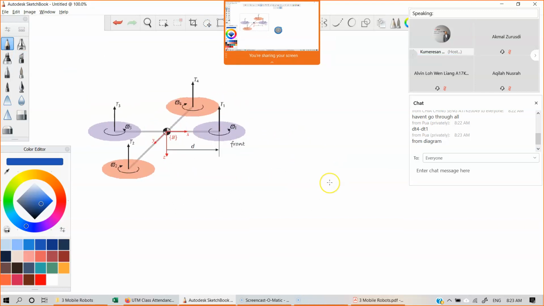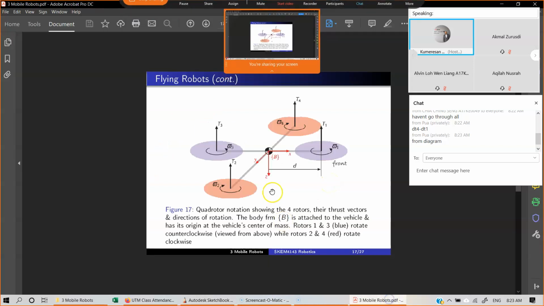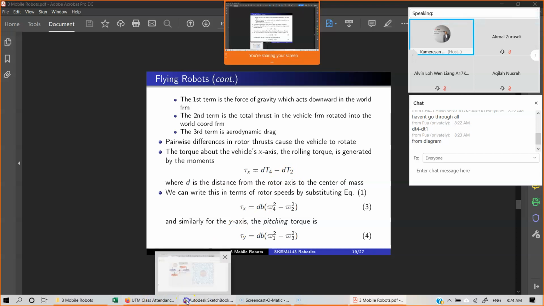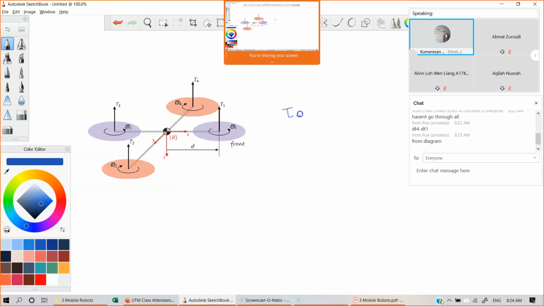So the equation for tau x is dt4 minus dt2.